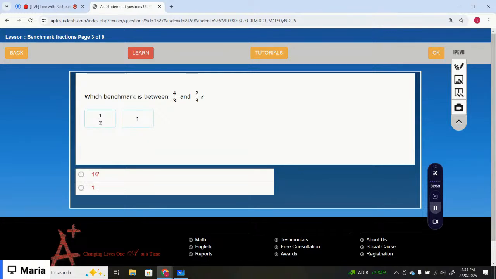That's option number 2. 4 by 3 is greater than 1, and 2 by 3 is less than 1, so option 2 is the correct option.